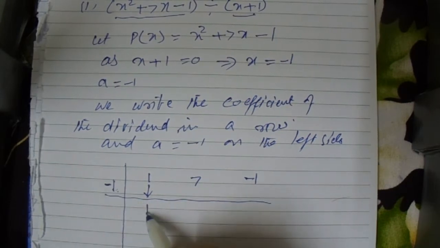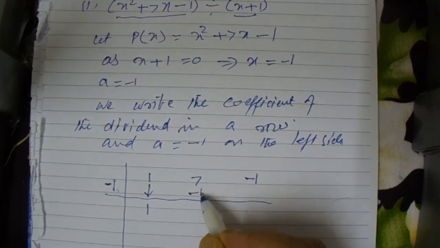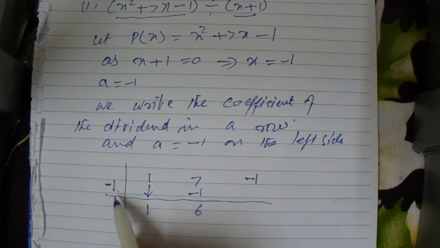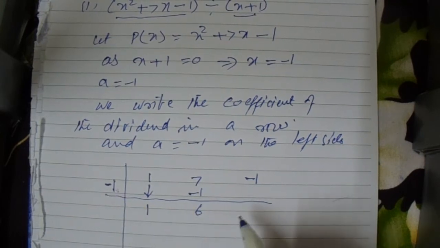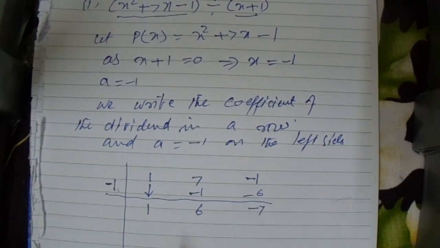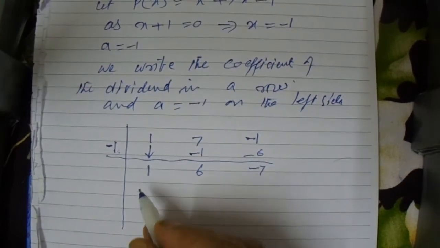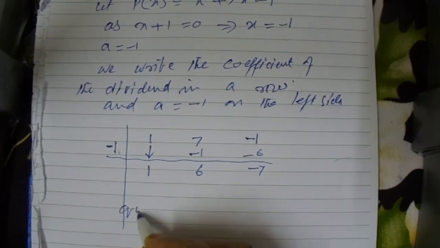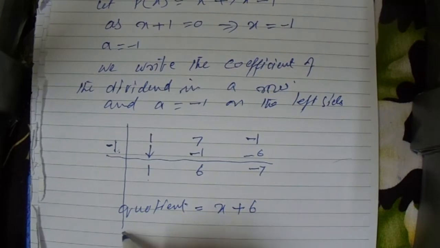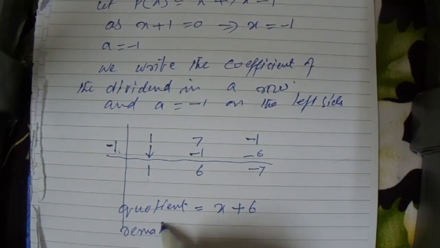Minus 1 multiplied by 1 is minus 1. We write here minus 1 and we add, this is 6. Now minus 1 multiplied by 6 is minus 6, we write here minus 6 and we add, this is minus 7.